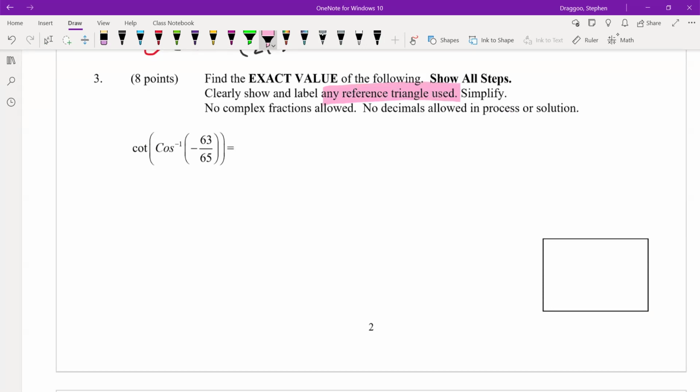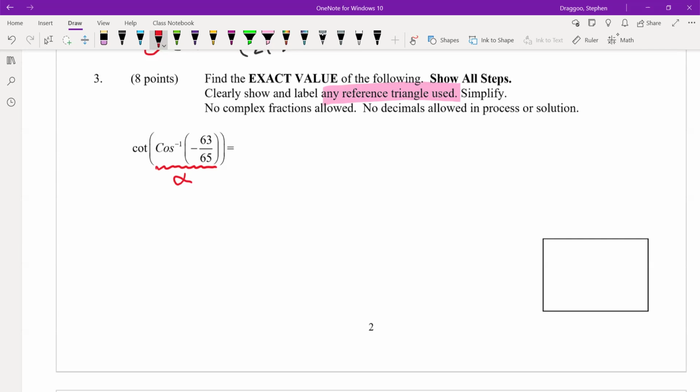So I want to get the cotangent of the cosine inverse of negative 63 over 65. So usually start by pointing out that the cosine inverse of this number, cosine inverse of negative 63 over 65, that thing is just an angle. Whatever results I get there, it's an angle of some kind.